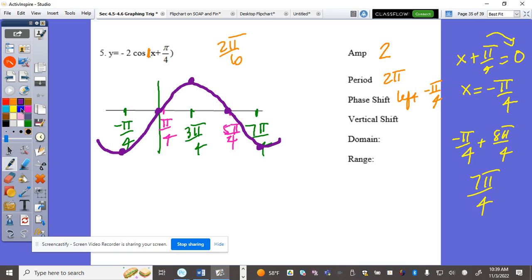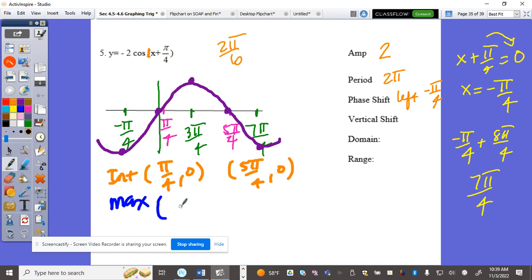Okay. So if you have to give me the intercepts: intercept at pi over 4, comma 0, and 5 pi over 4, comma 0. Where's the maximum?